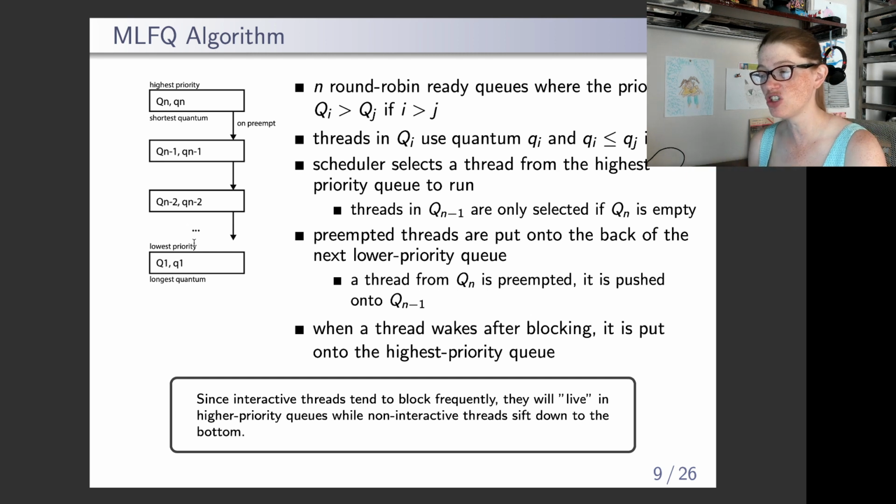Depends on the implementation, but most implementations of multi-level feedback queues simply state that if a lower priority thread is running when a high priority thread arrives, we will preempt the lower priority thread so that we can handle the higher priority thread. So we can preempt these longer running threads to let the higher priority, potentially interactive threads be super responsive.